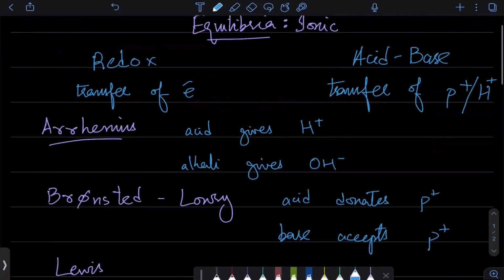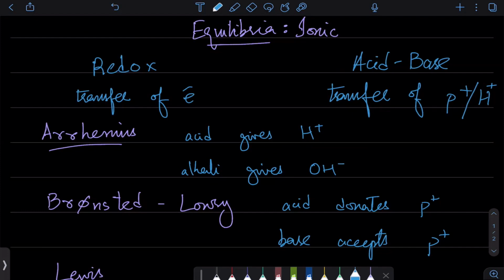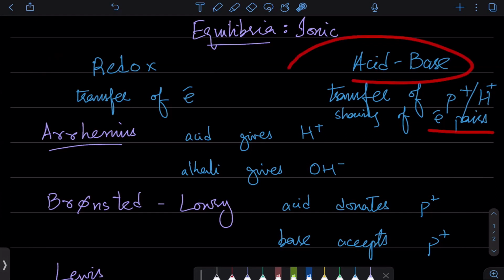Let's go back to the idea of electrons. Acid-base reactions are nothing but transfer or sharing of electron pairs. He said, देखो, 1, 2, 3 units of electrons transfer हो तो उसको redox बोल दो. Pairs transfer हो तो उसको acid-base बोल दो.